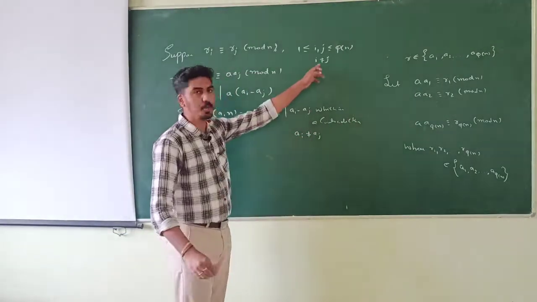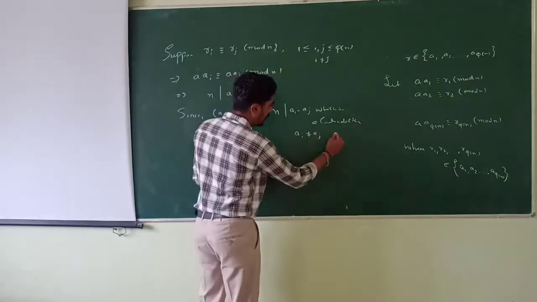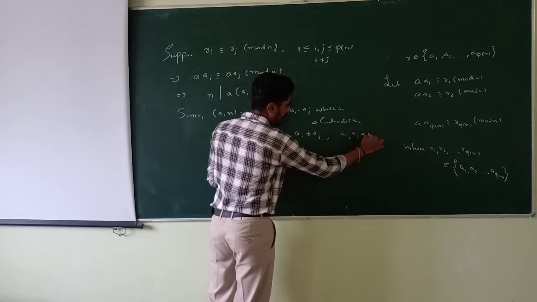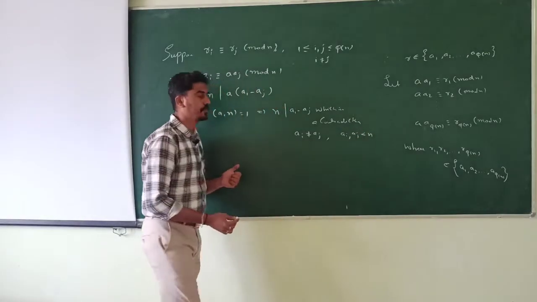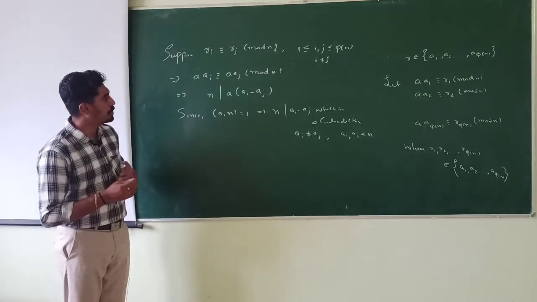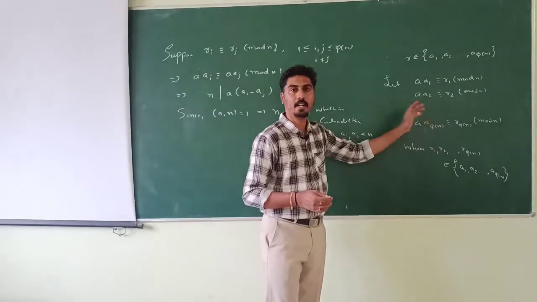Since we have taken i not equal to j, ai cannot be equal to aj, and ai and aj are both less than n. So we have shown that all these remainders are distinct.